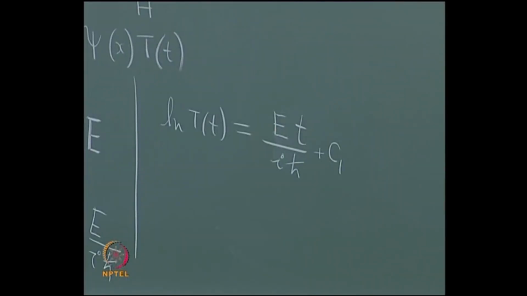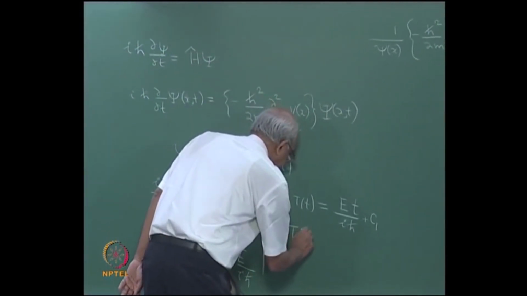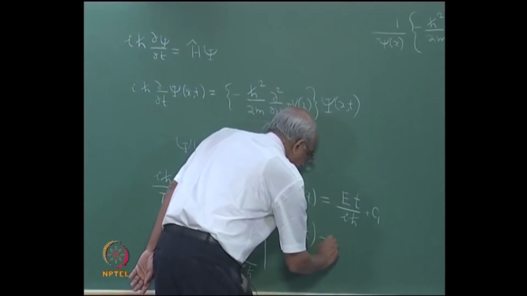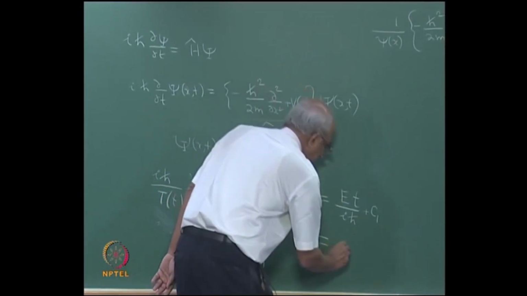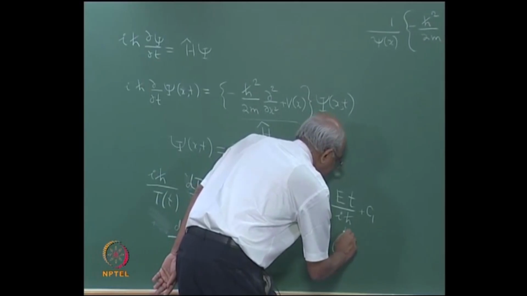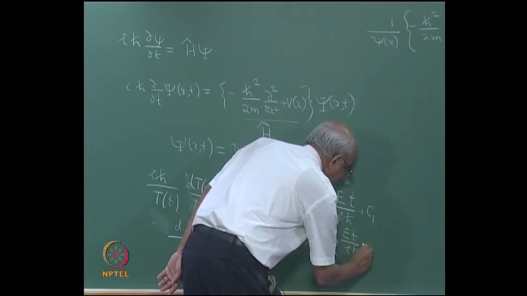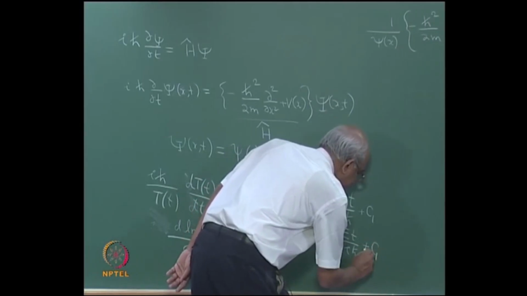I mean, there is one simple differential equation. If you multiply by dt and integrate, this is what you are going to get, and taking exponentials of both the sides, you are going to get capital T of t to be equal to exponential of E t divided by i h cross plus C1.